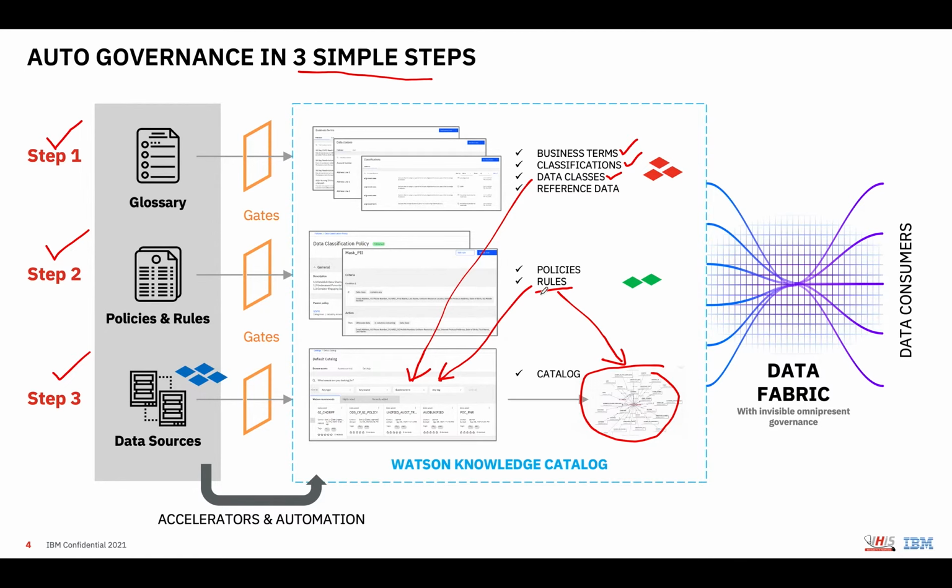For example, there could be masking policies that can be applied, and as soon as the raw data is ingested, the business glossary as well as the policy rules are applied for us to get a governed catalog. Now this can then be exposed to various kinds of data consumers that we saw in the previous step.